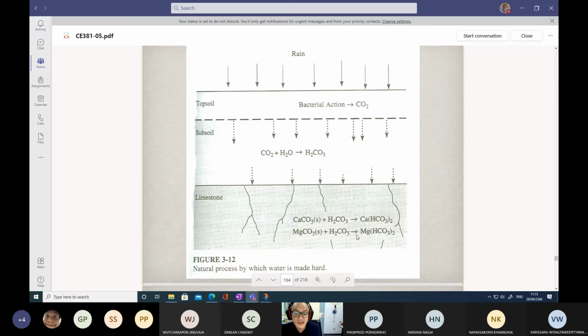Now the equation is balanced, and this equation indicates some of the limestone gets dissolved, or some kind of weathering process occurs. But anyway, this is a natural process, not coming from human activity.